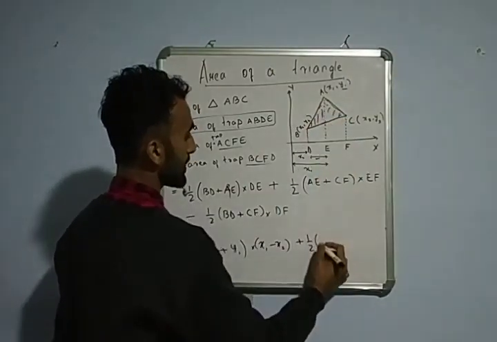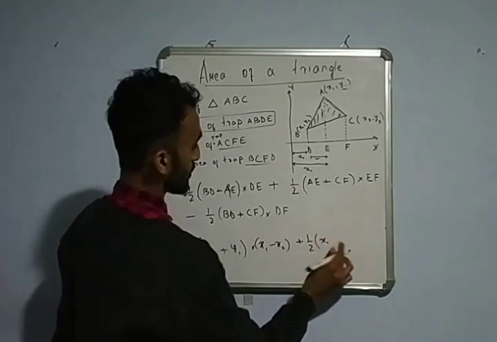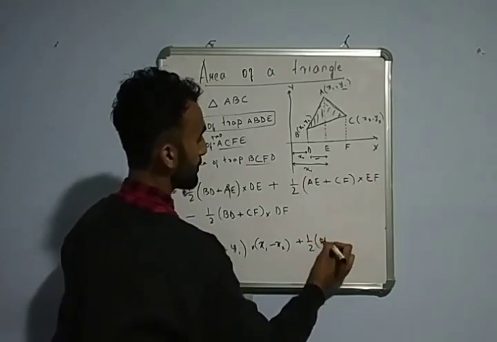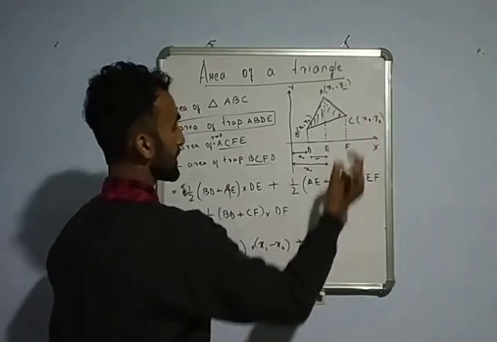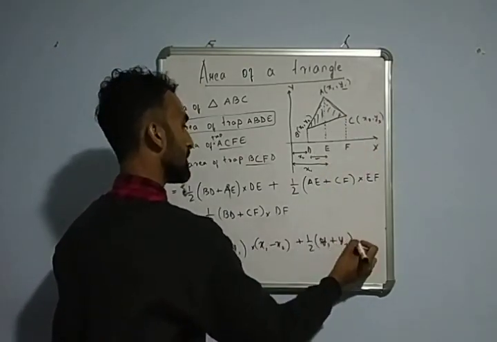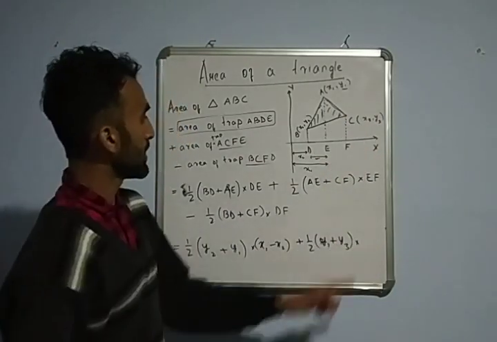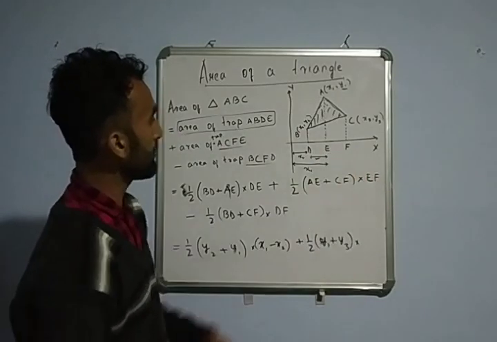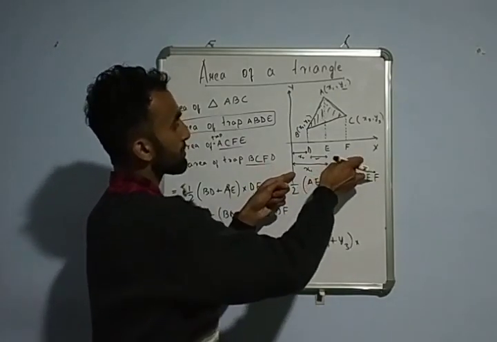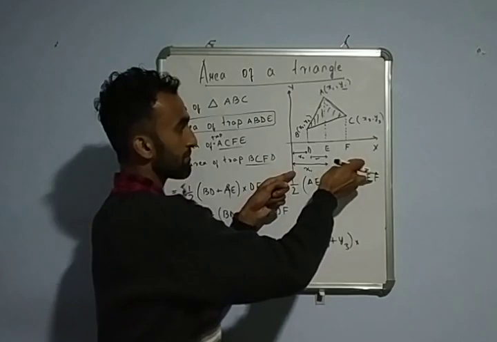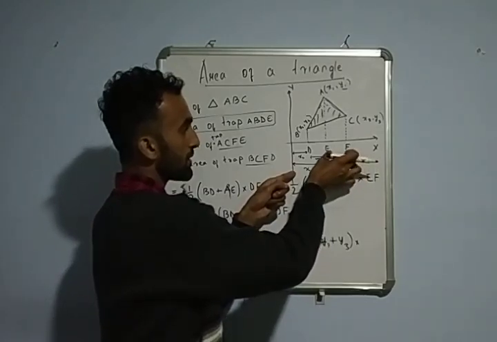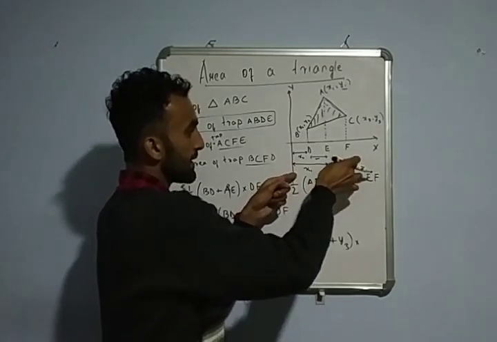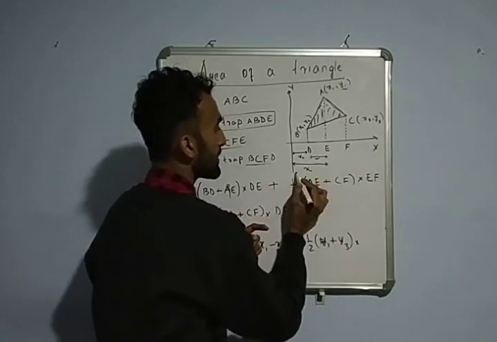Plus half, AE is nothing but y1 plus CF is nothing but y3 into EF. From here till here is which? From here till here is x3, because EF I want.